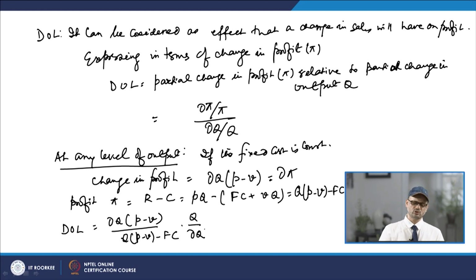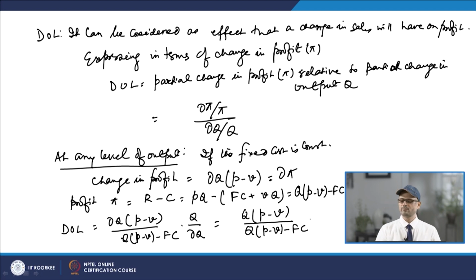So, Q comes in the numerator and dou Q at the bottom. If we cancel this dou Q, the expression for the DOL comes out as Q into P minus V divided by Q into P minus V minus FC. This is the expression for the degree of operating leverage, for any level of output. That is how we calculate it.